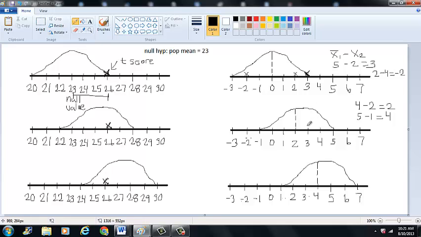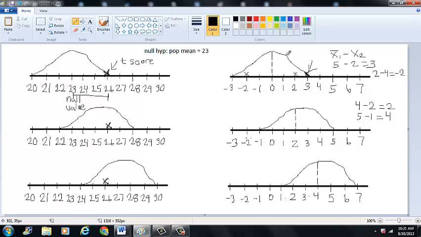It doesn't look very extreme in these other situations where the null is false and where the curve doesn't peak at 0. But it does look pretty extreme in this situation where the null is true. But once again, in order to know if this outcome really is extreme, we have to calculate a t-score, because without the t-score, we don't know how quickly this curve is dropping down.